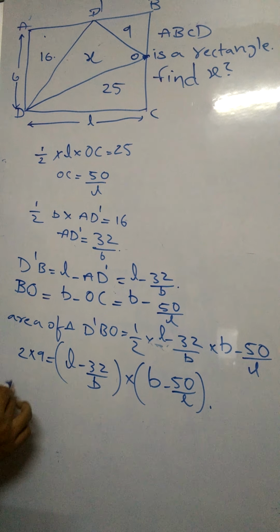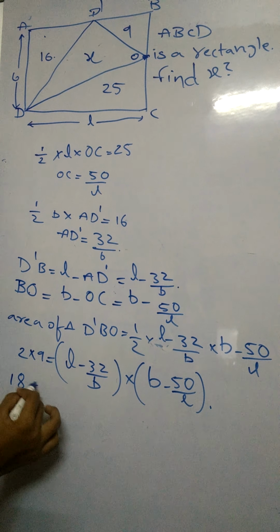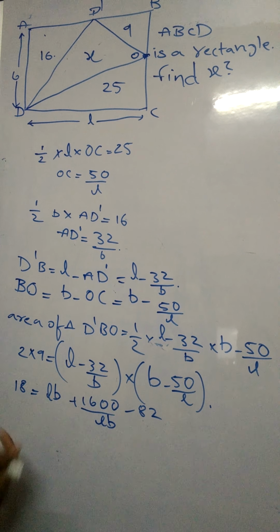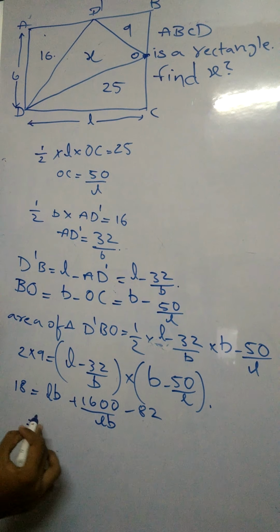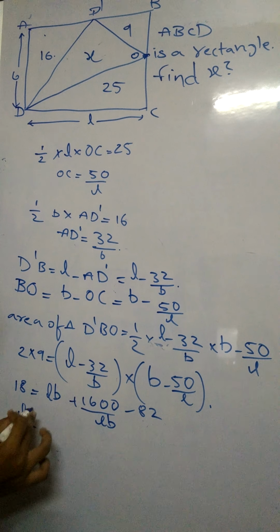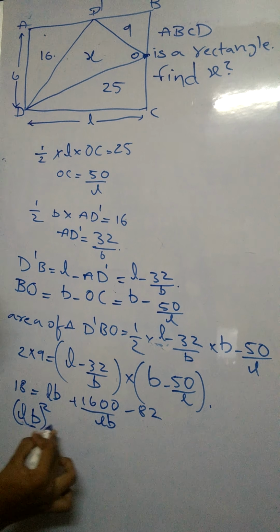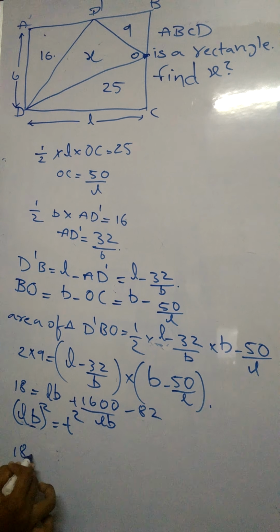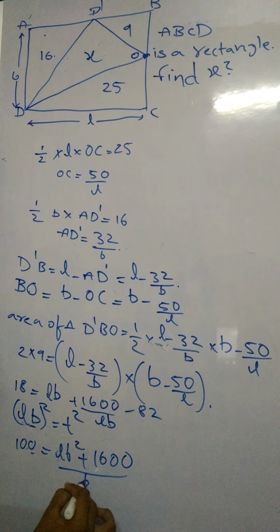Now 18 is equal to this expression. Now we will take LB as T, so L into B whole squared is T squared. Then we will transfer this 18 to this side, so 100 is equal to LB plus 1600 by LB.